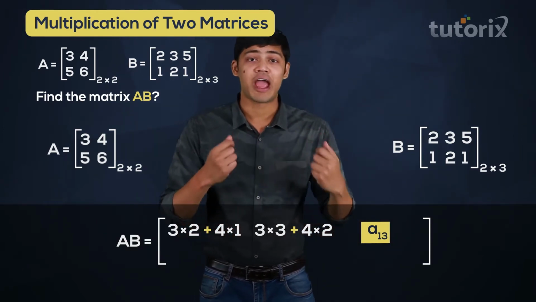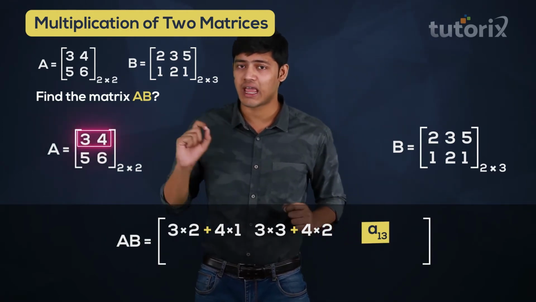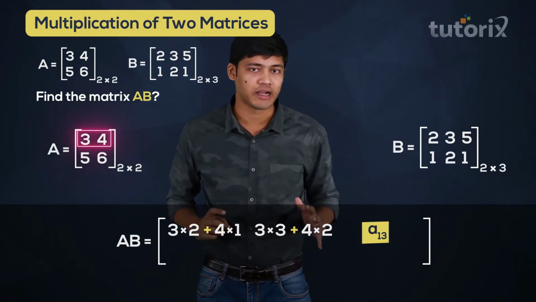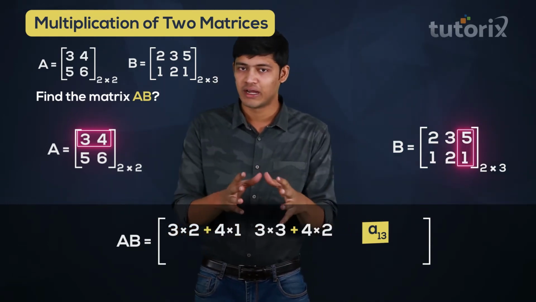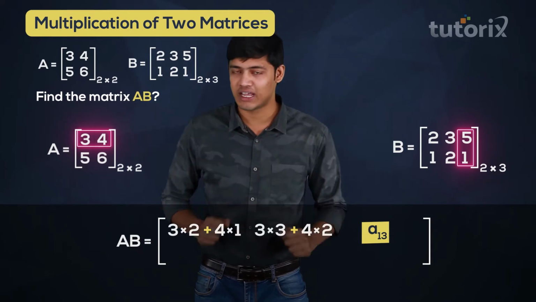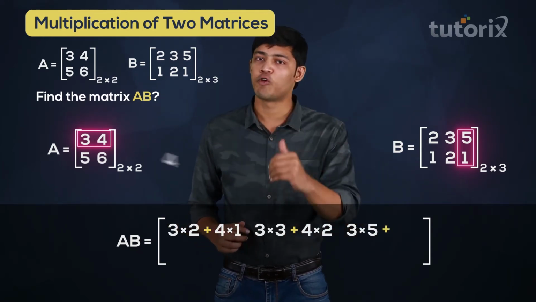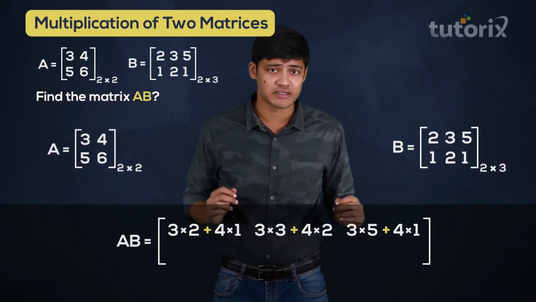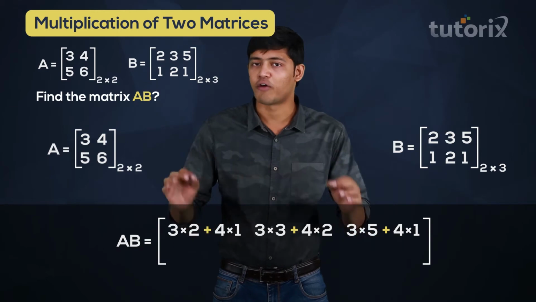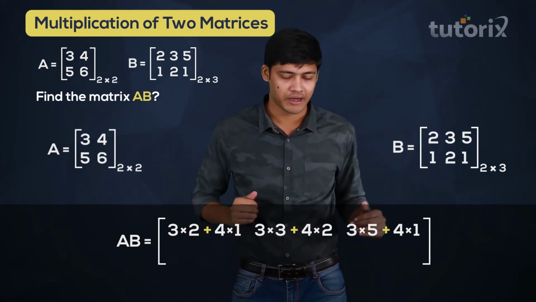For that, we have to multiply each element in the first row of the matrix A with the corresponding element in the third column of the matrix B. So the element a13 will be 3 multiplied by 5 plus 4 multiplied by 1. So these are the three elements in the first row of the matrix AB. There will not be any fourth element.